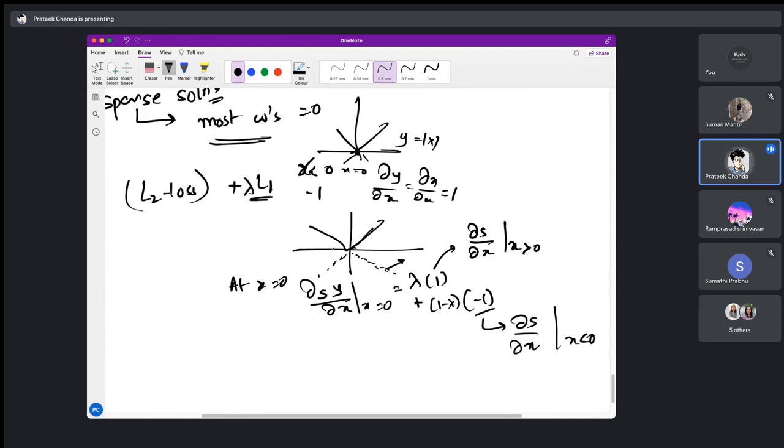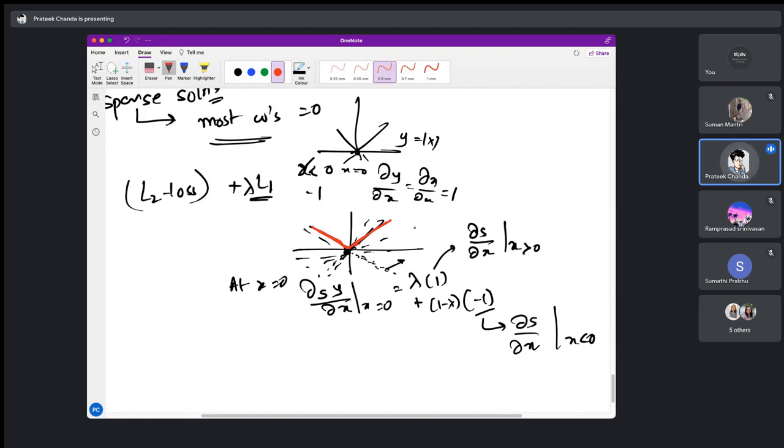So there are many possible tangents at x equal to 0. One is this, one is this, one is this. You take a combination of all possible tangents, but it's bounded by these two lines, the differential equal to plus 1 and the differential equal to minus 1.